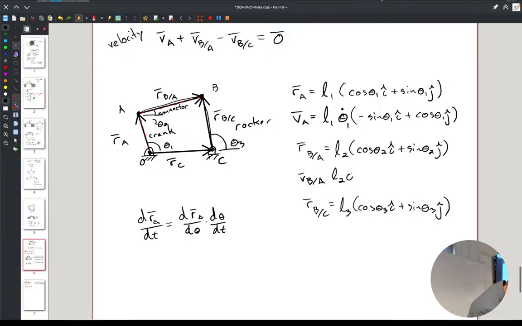Cool. Now we have a pattern here. Theta 2 dot, negative sine theta 2.